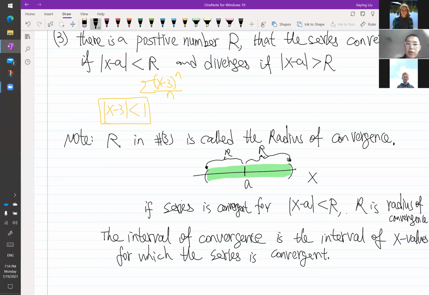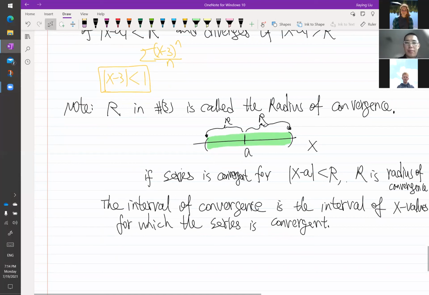In the number line I have above, it's all the part shaded in green. So that is called the interval of x values. You can actually find it because a is in the middle.